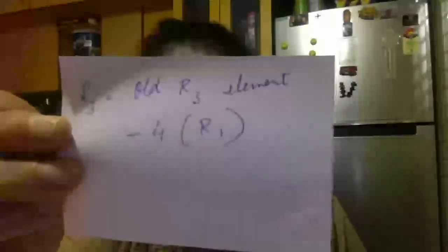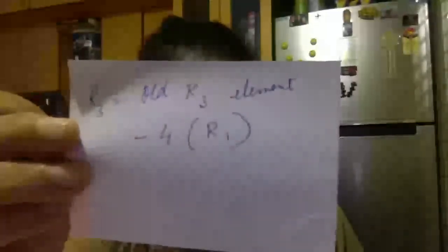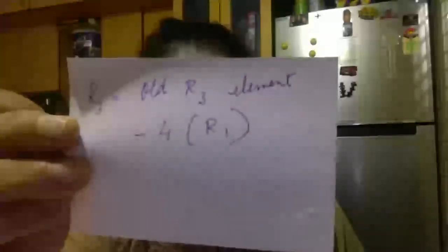We base it all on the key row. Elements of the key row we use. Alright? Don't say for R2 row I used R1, so for R3 I'm using R2. No. Alright? Except for the key column element. Yes, Shilpi, thank you.